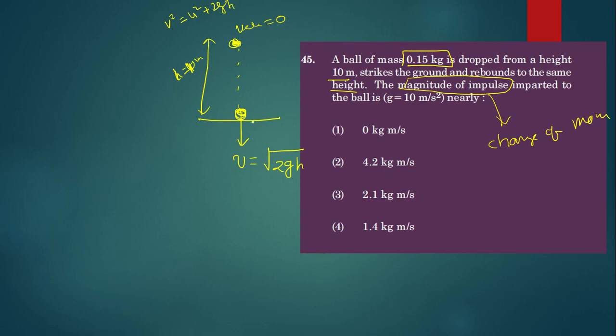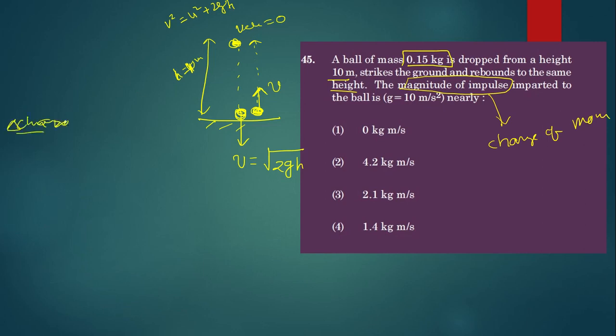Now, since this ball rebounds to the same height, it means there was no loss of energy. It is called an elastic collision. Therefore, in this kind of situation, the striking velocity and the rebound velocity will be the same in magnitude. Direction will be different.